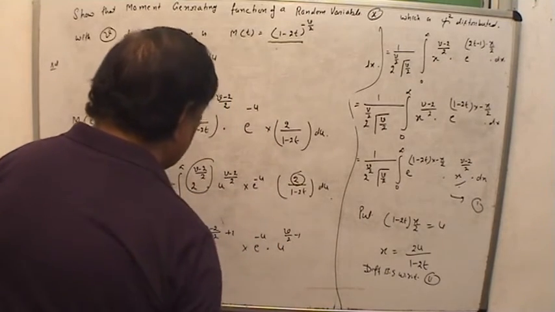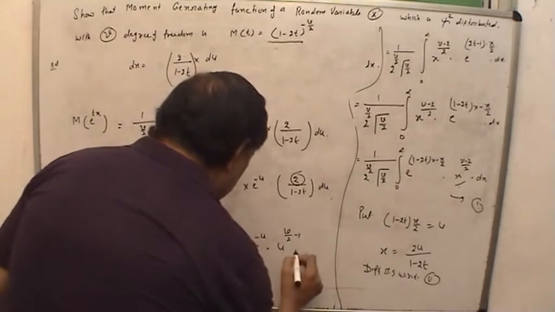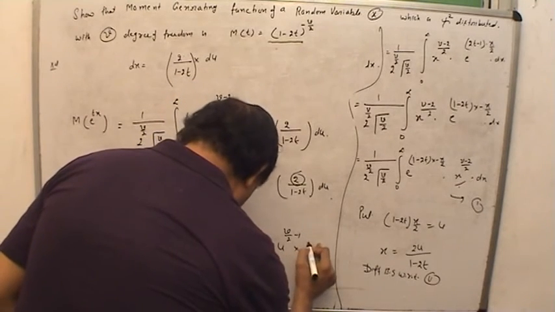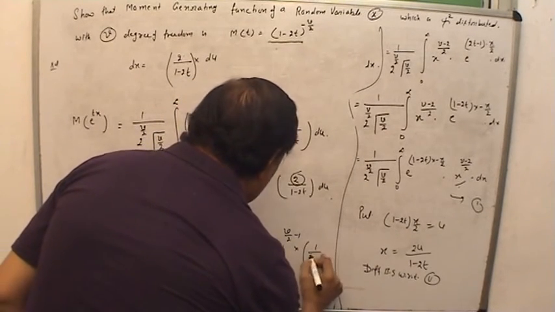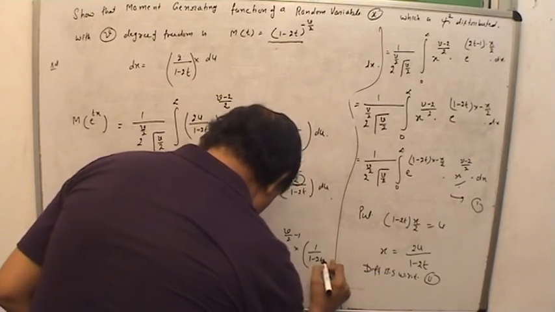Separate the terms into 1 upon 1 minus 2t.